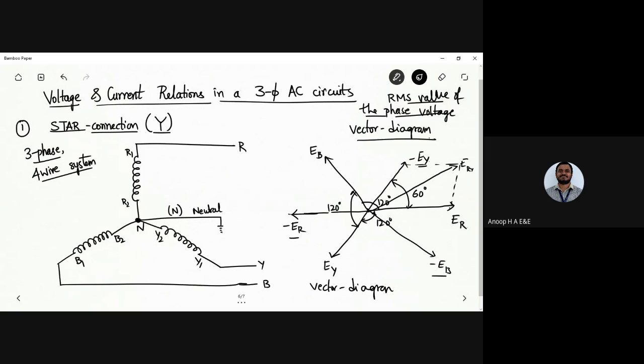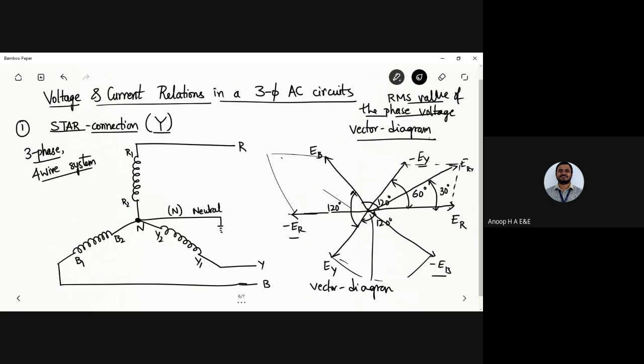It's a parallelogram, so this angle would be 30 degrees. Similarly for EYB and EBR, this would be the angle, and this would be the resultant. I'm just showing you one phase and line voltage, which is ERY and ER.